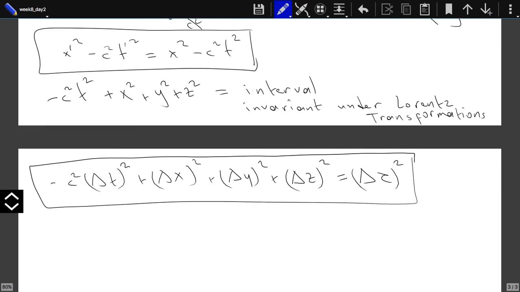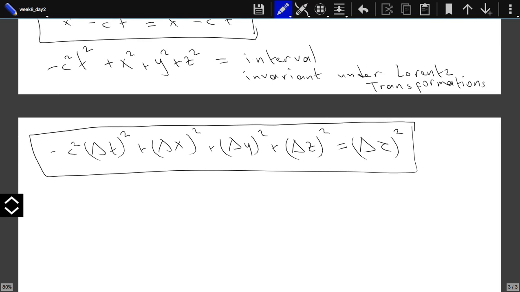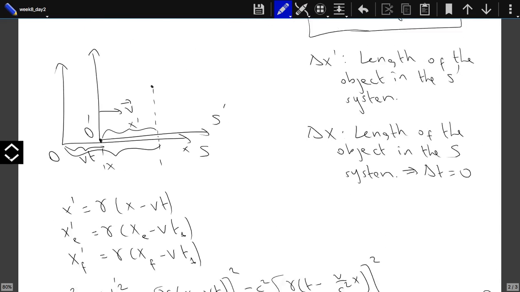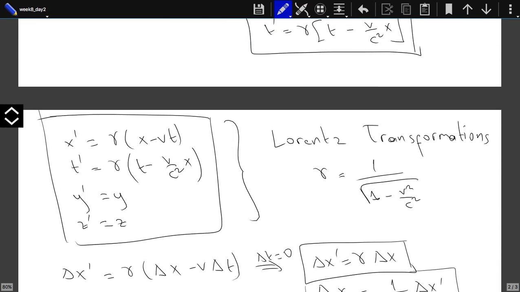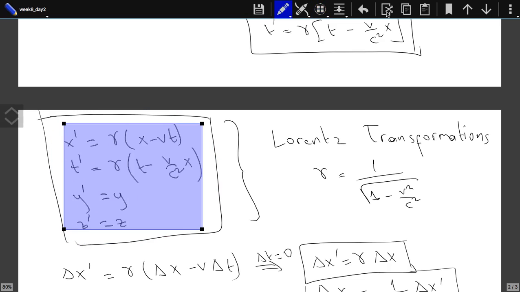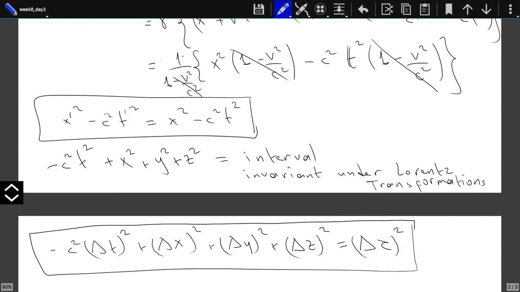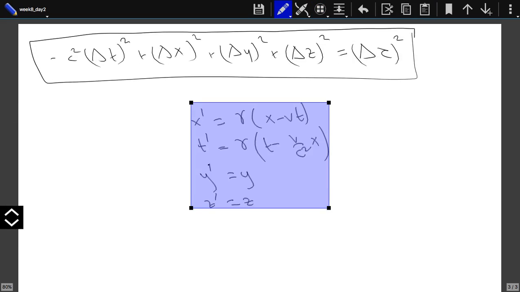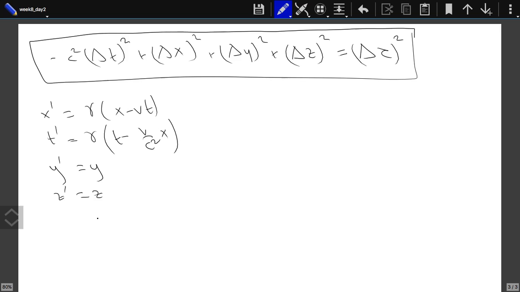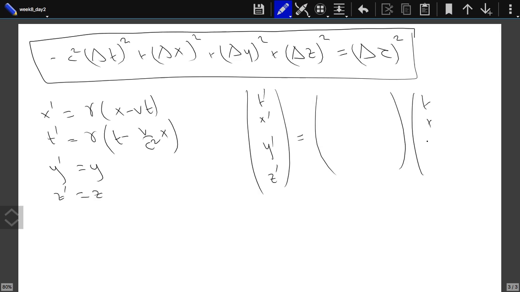Now let me also note one more thing before we go for a break. So you see, these are our coordinate transformations. I can basically write it in this form: t prime, x prime, y prime, z prime is equal to t, x, y, and z.